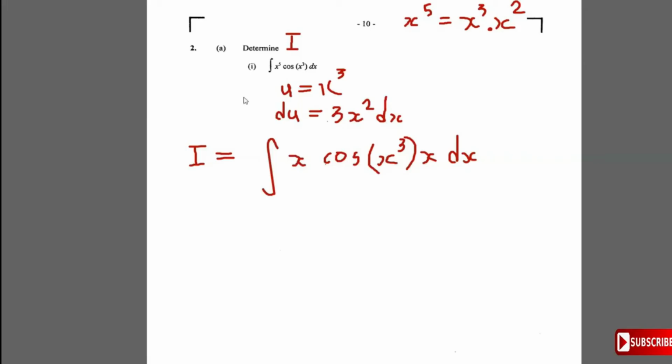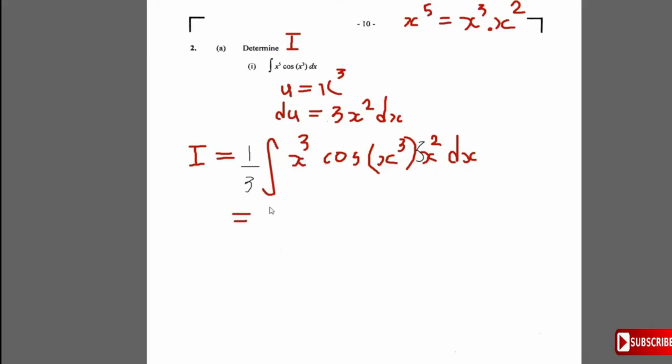And you might say, sir, why did you do that? Why did you break up x to the fifth? I broke up x to the fifth because I need to generate 3x squared dx to be du. So I need a 3 right here. If I put a 3 right here, I'm going to have to put a 1 over 3 out here. All right. And now I can substitute for u.